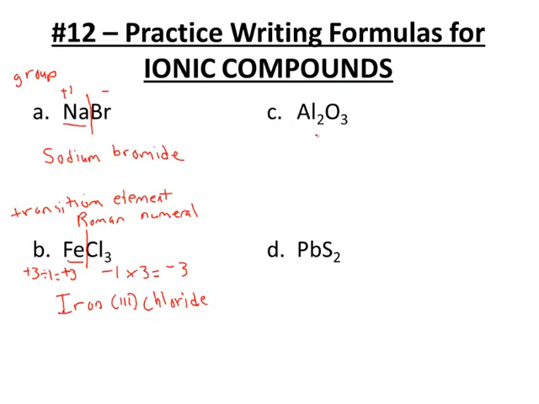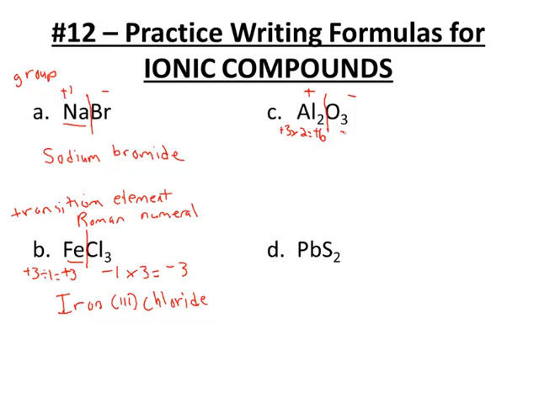For the third one, C, drawing a line, we've got aluminum, that's a plus, oxygen, that's a minus, so we know it's an ionic compound. From here, aluminum, not a transition element, it's part of group 13, so it's a plus 3. Oxygen's a minus 2, so if you wanted to, you could look at aluminum as a plus 3 times 2 equals plus 6.